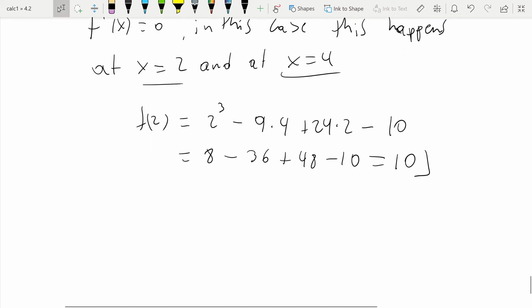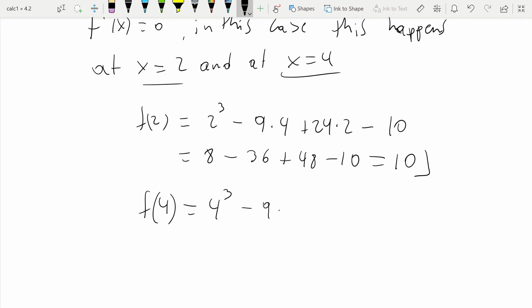Now what happens at 4? f at 4 should be 4 cubed minus 9 times 4 squared, which is 16, plus 24 times 4, minus 10.